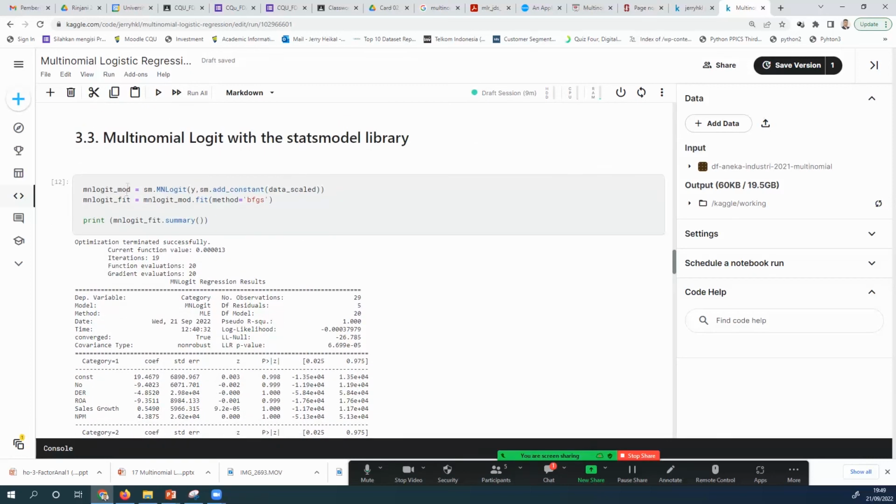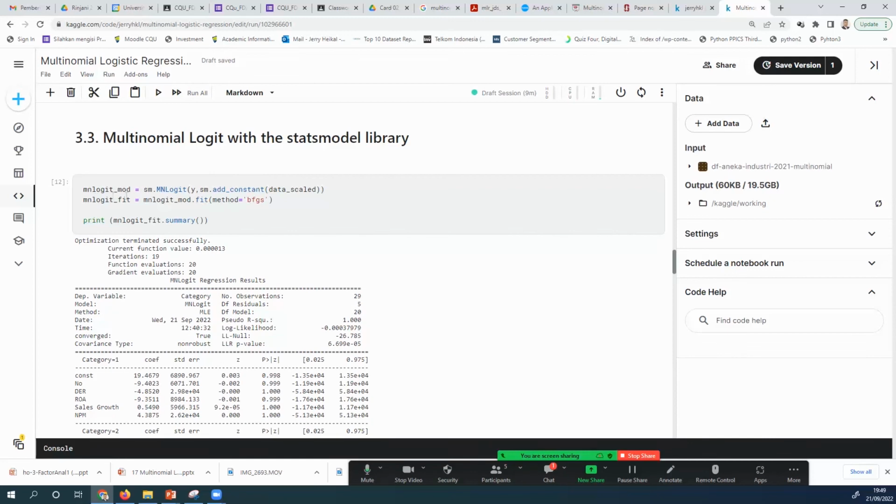And then we conduct multinomial logistic regression with the statsmodels library. We import statsmodels.api as sm. So sm.MNLogit with Y and statsmodels add constant with the data, and then this is the model. The fit equals the multinomial logit model dot fit with the method of bfgs.